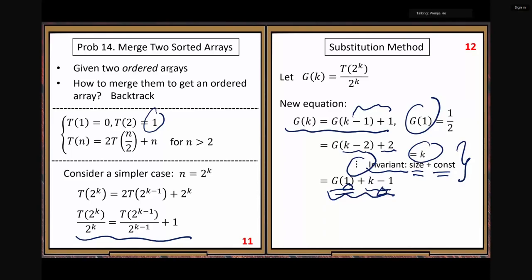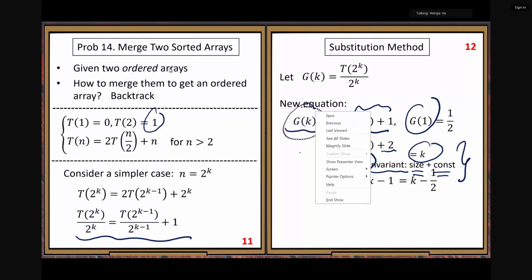K minus 1. Because G of 1 we know is 1/2, we get k minus 1 plus 1/2, which is k minus 1/2. So this G function is k minus 1/2. We found the G function.